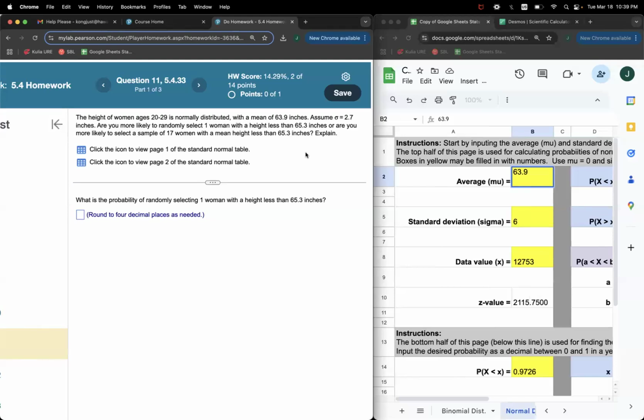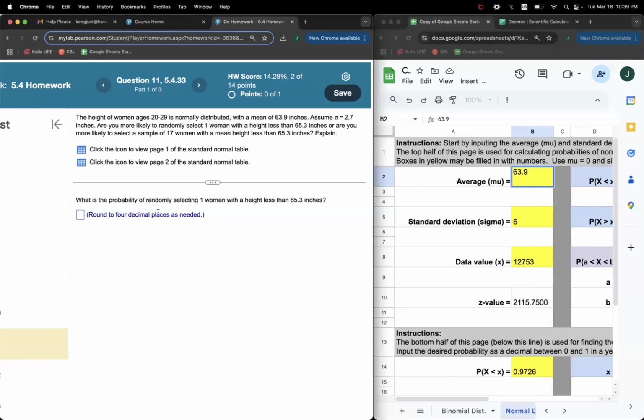It's very high probability that the sample mean would be less than 65.3, because that's way out there in terms of standard deviations. When you take a sample mean, the standard deviation shrinks, right? So 65.3 would be way high. It's very probable that a sample mean is going to be below that high value. So that's much more probable for the sample mean.